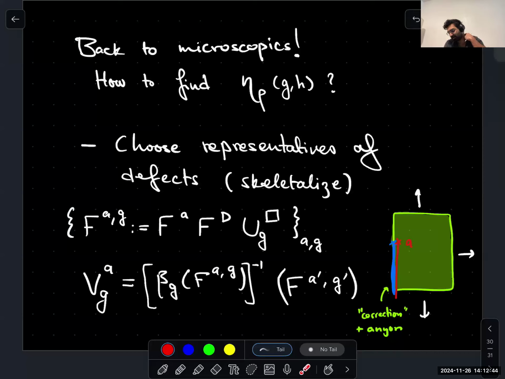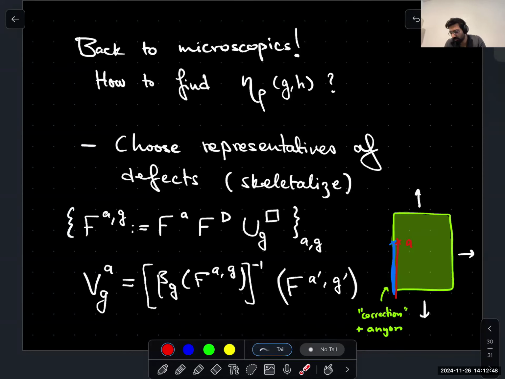How do you calculate this symmetry fractionalization? Well, what you do is you choose representatives of your defects. Let's say you already know most things about your category.